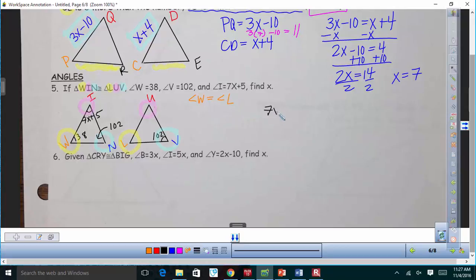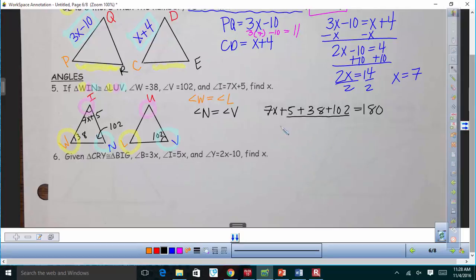So that's what we're going to do. We're going to do 7x plus 5 plus 38 plus 102 equals 180. So from there, I want to go ahead and combine my like terms. So 5 plus 38 plus 102.